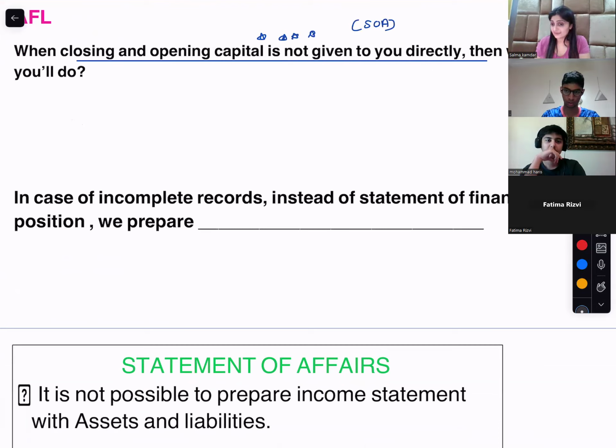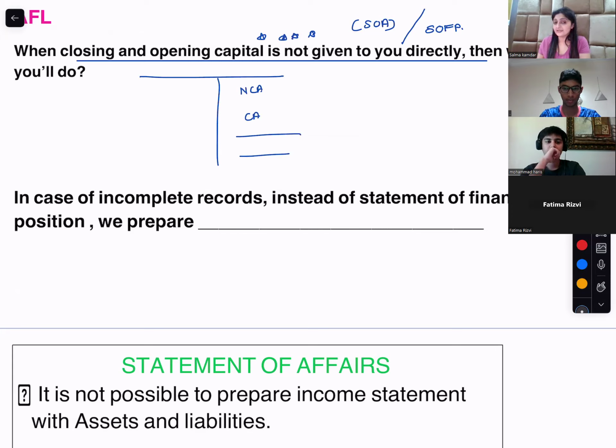Please understand this. A statement of affairs is nothing but your statement of financial position. I'm repeating again. Capital can only be found out by preparing a statement of affairs, and a statement of affairs is nothing but your statement of financial position, which looks something like this. You have your non-current assets, you have current assets, and here you get total assets.